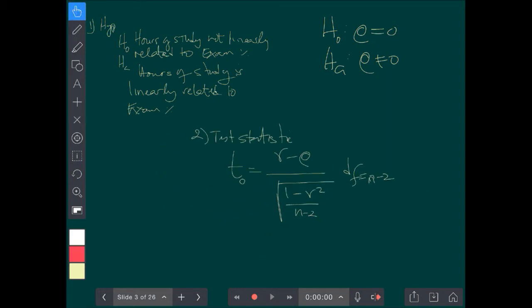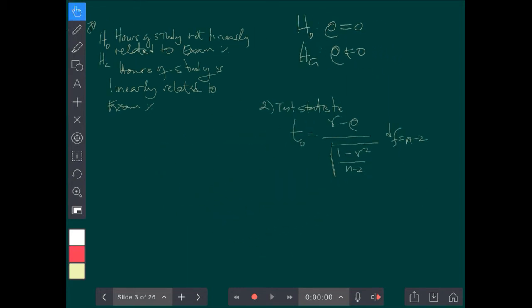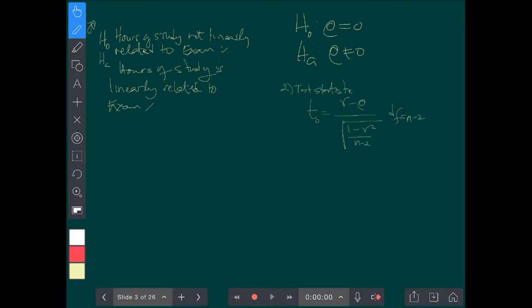So that's 2. 3, our decision rule. So the decision rule is a two-tailed test.